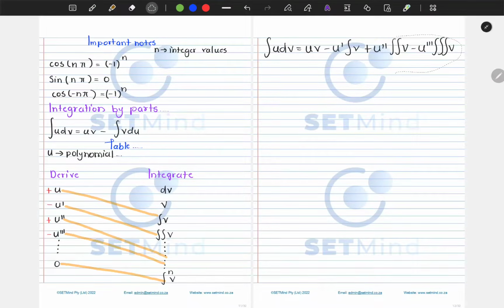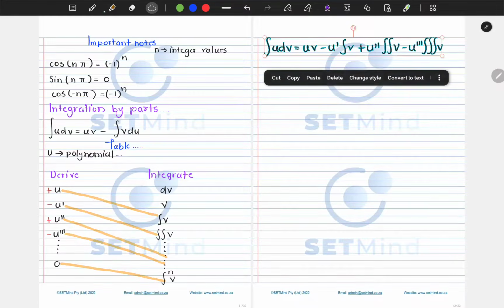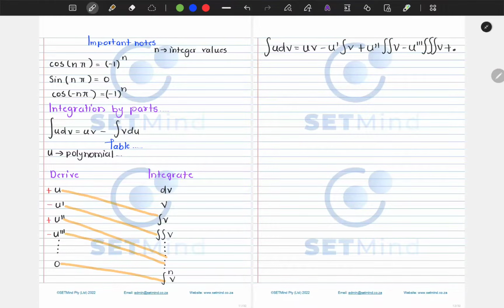This will carry on up until you eventually get the nth derivative of u to be 0, and that is where you stop. So this is going to be very important as part of your tools which you are going to use when you do Fourier series.